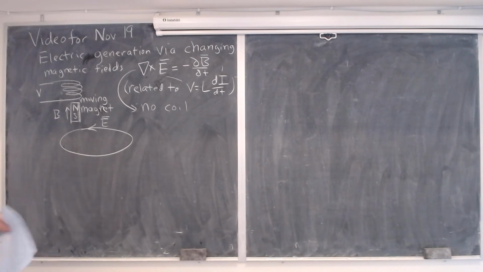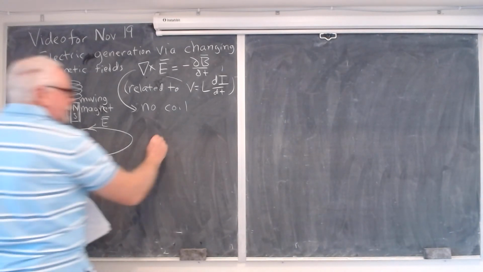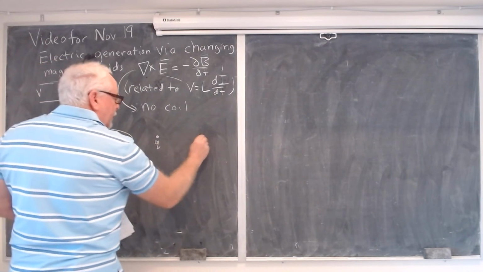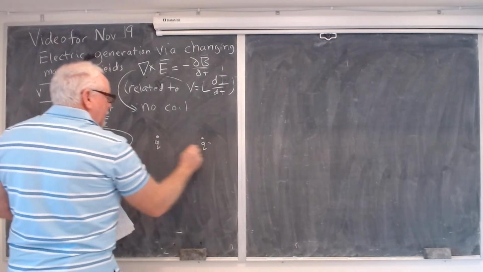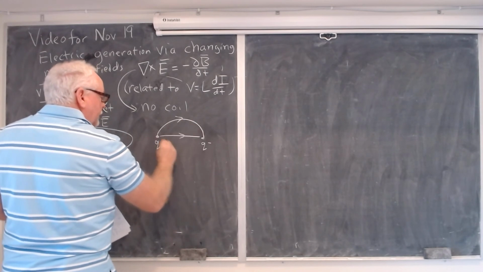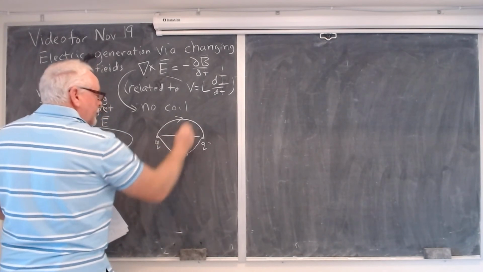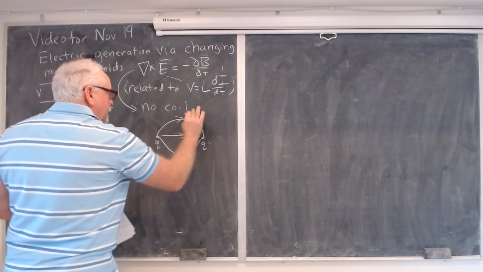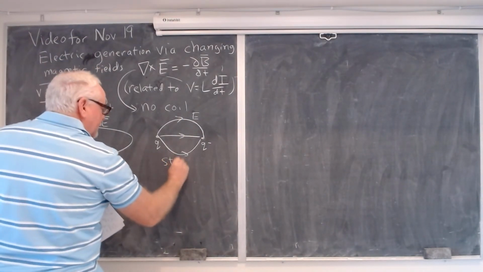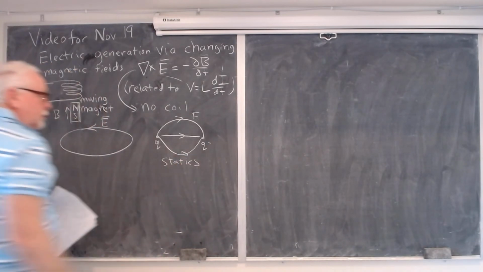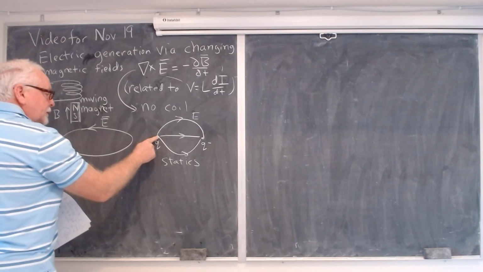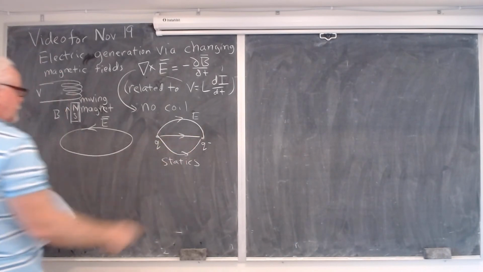Now, that violates statics, right? In statics, we found that you have Q and Q minus, and for statics, the electric field starts at a charge and it ends on a charge.